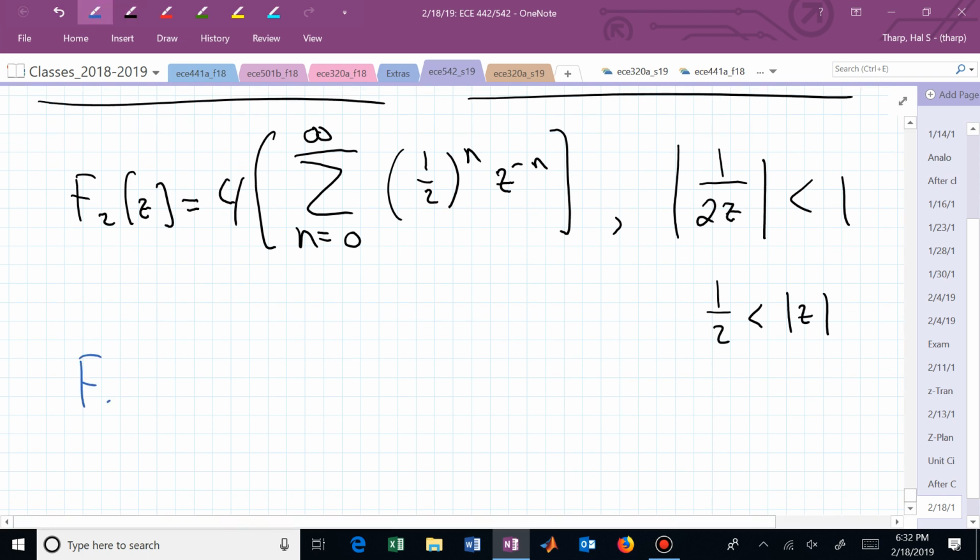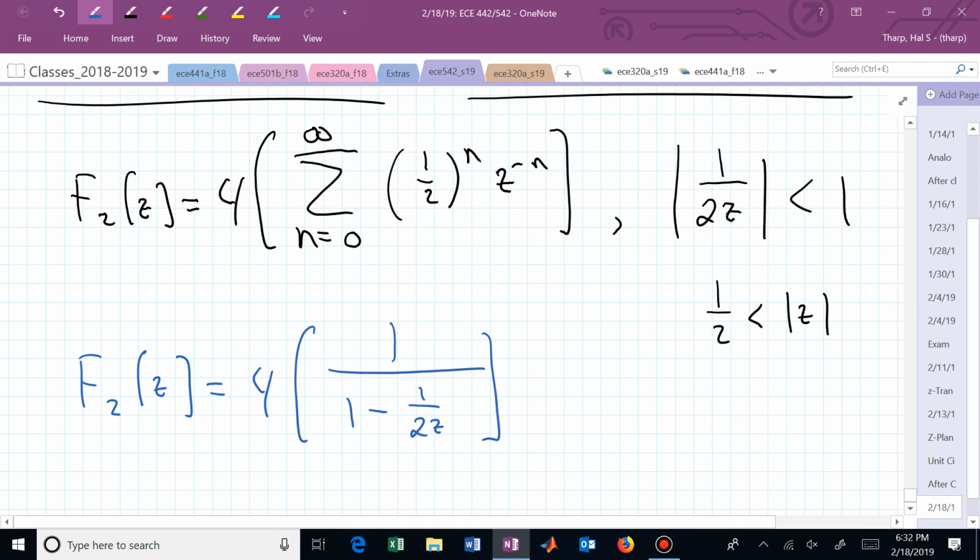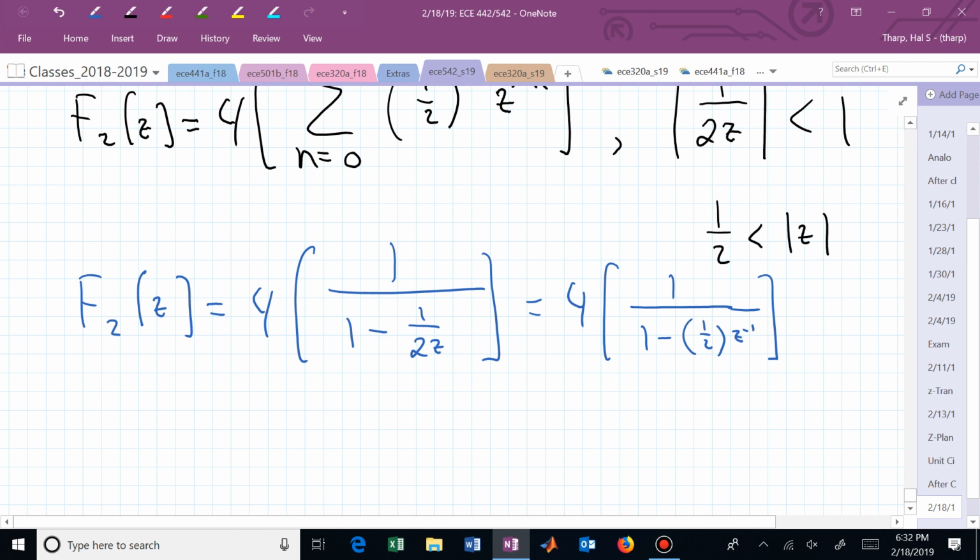And without going through all the steps, we can simply say that f sub 2 of z is 4 times 1 over 1 minus 1 over 2z, and you can go through the steps if you want, or that's now 4 times 1 over 1 minus 1/2 z to the minus 1, writing it another way that you might see it in a table.